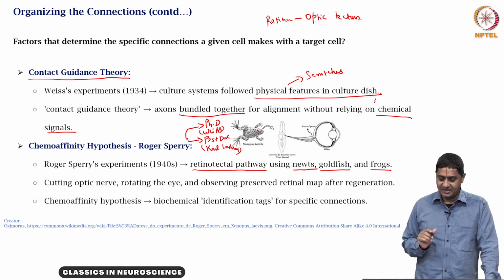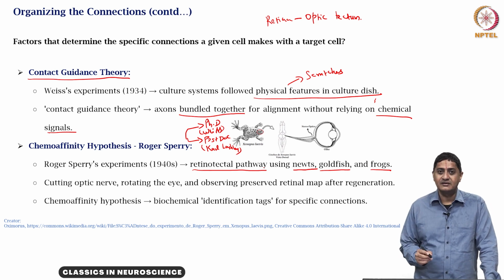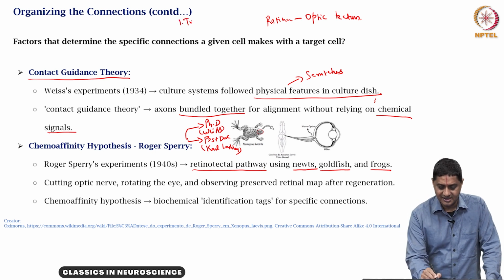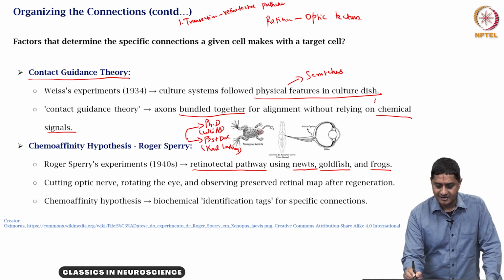This is crucial. He rotated the eye by 180 degrees. So, first is transection of the retinotectal pathway. Second is rotation of the eye by 180 degrees.